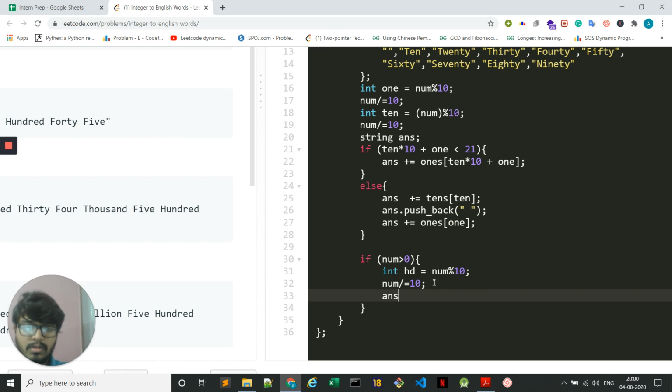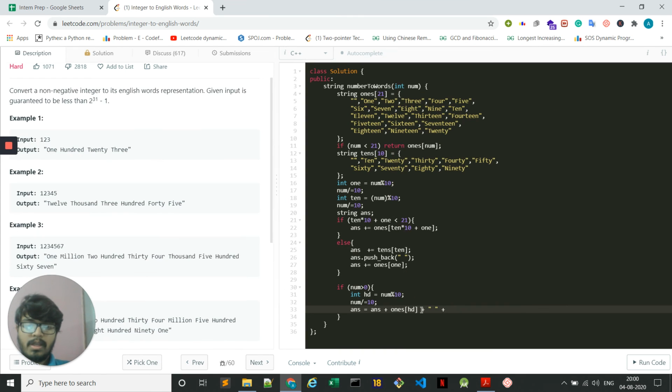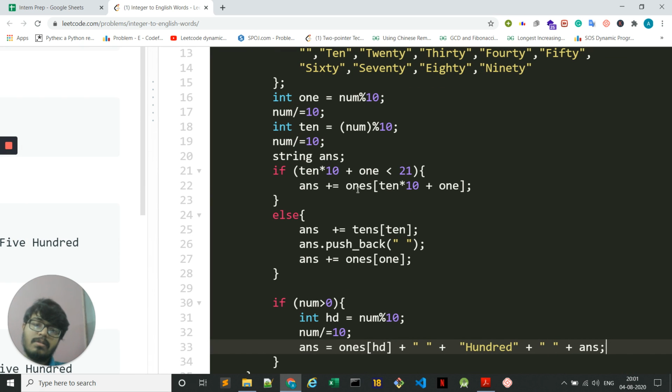Now answer plus-equal to ones of HD, plus space, plus 100. Yes, this should be the answer.